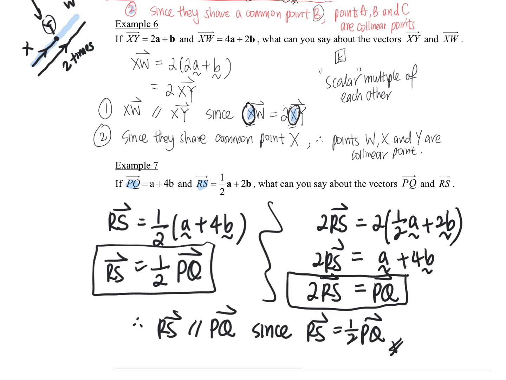So that's all you can say. You cannot say anything else. So this one is a common question that O-level like to ask. They will ask you to make 2 comments about the vectors. Or just make comments about the vectors. Then you just have to tell them. Usually it's parallel, not parallel. Collinear, not collinear. Okay, that's it for this part.